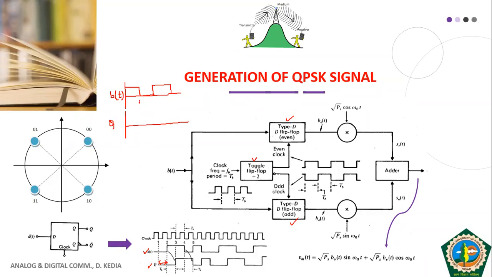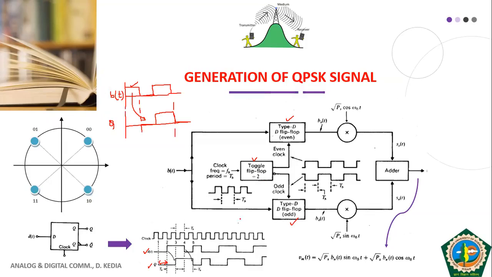This is our negative going edge corresponding to the clock. After this, whatever the input was before this active edge will be toggled. So this one will become 0 here, then we get 1 here, and then we get 0 here, something like that. This is the purpose of our toggle flip-flop.